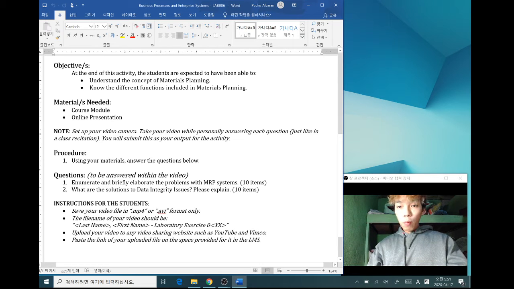So these are the problems of MRP systems. Integrity of the data: if there are any errors in the inventory data, the bill of materials, commonly referred to as BOM, data, or the master production schedule, then the output data will also be incorrect, GIGO, which is garbage in, garbage out.